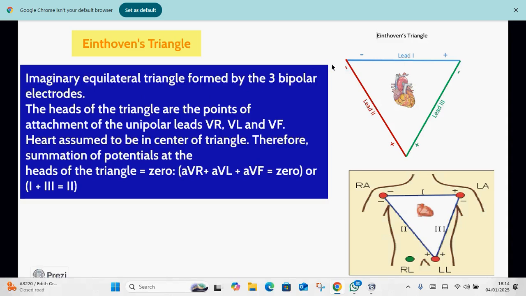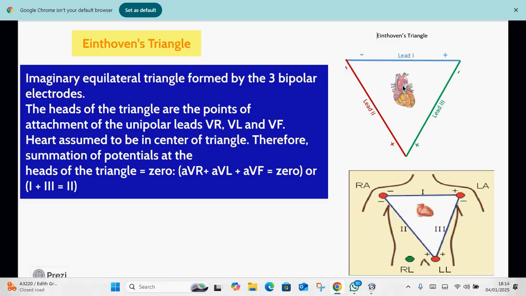The vertices of the triangle are the points where you attach the 3 active limb leads. So you put the RA electrode here, LA electrode here, and left leg electrode here.